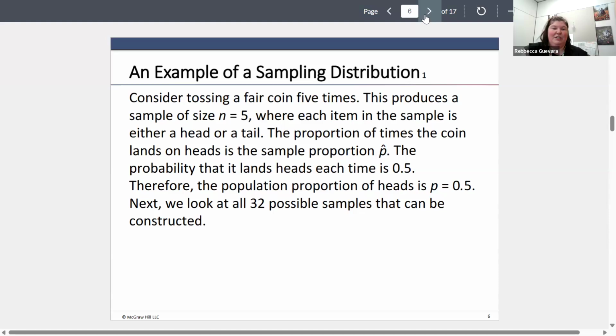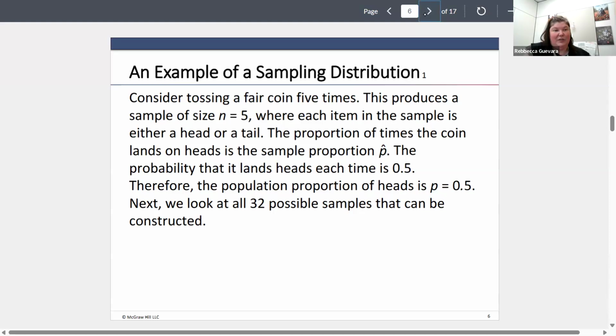Therefore, the proportion of heads is going to be 0.5. So next, we're going to look at all 32 possible samples that can be constructed. Like I said, this isn't going to happen every single time, that half are going to be heads and half are going to be tails. You'll get a variety of other things as well.